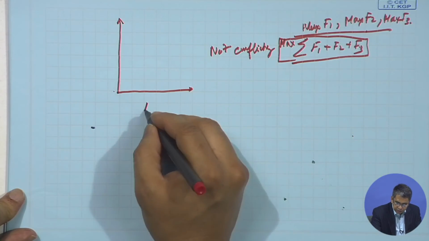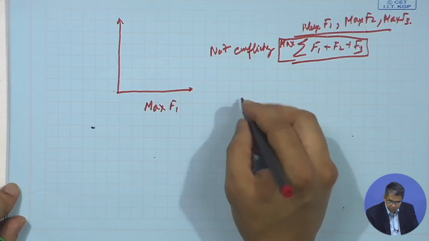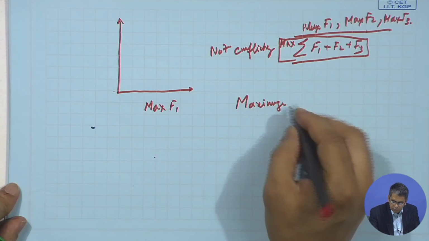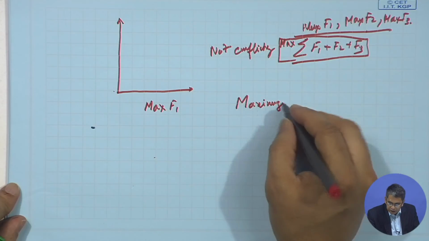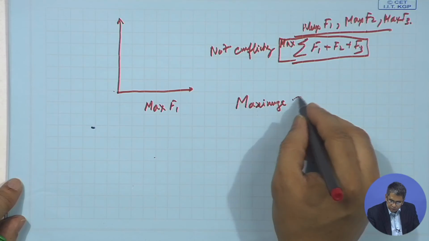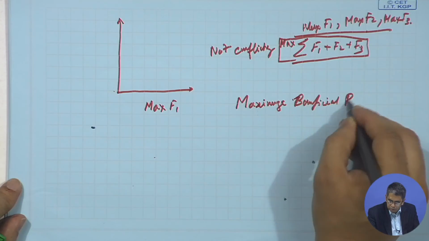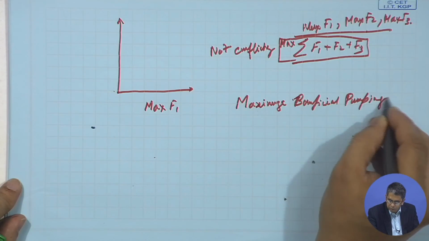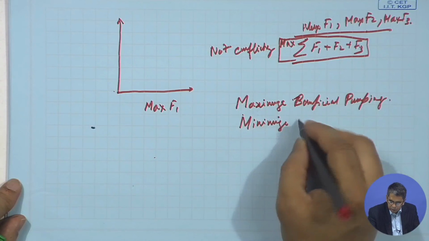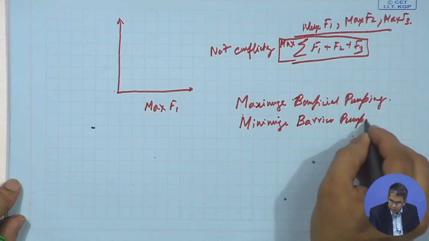That means, suppose I have an objective, maximize some f1, just like the example I was giving in the morning. Maximize maybe the beneficial pumping from an aquifer, and minimize maybe barrier pumping from an aquifer.